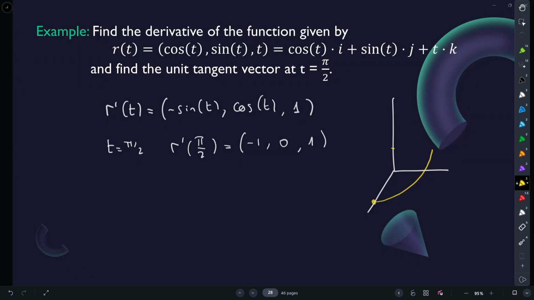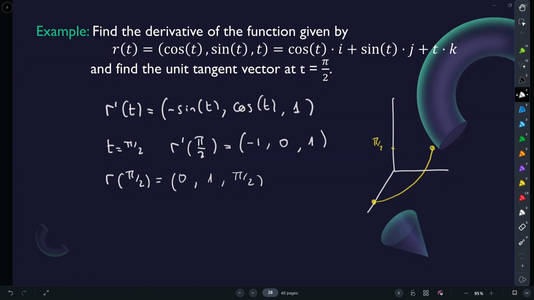How long? Pi over 2, we are here. If you compute r of pi over 2, where are we at time pi over 2? The cosine of pi over 2 is 0, the sine of pi over 2 is 1, and pi over 2.